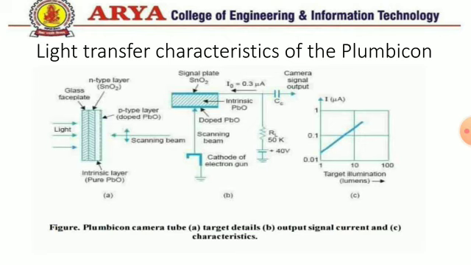If you see the slope, it is a bit higher than in the Vidicon camera. So the light transfer characteristics of the Plumbicon camera explain that its sensitivity is higher than the Vidicon camera. It is a straight line with higher slope than Vidicon, so it has higher sensitivity.